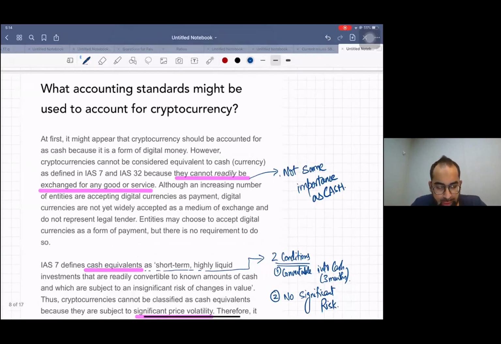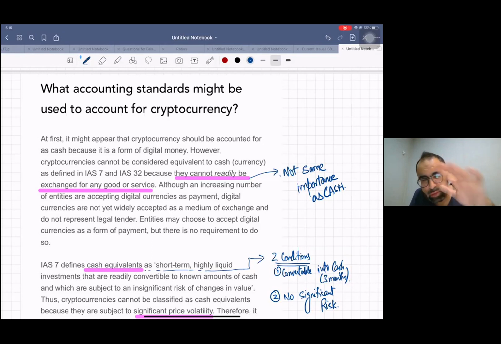Okay, now it's perfect. So what accounting standard might be used to account for cryptocurrency? This is a very interesting issue. First thing, some people think this cryptocurrency is cash, like dollars, like pounds, like rupees, like lira.